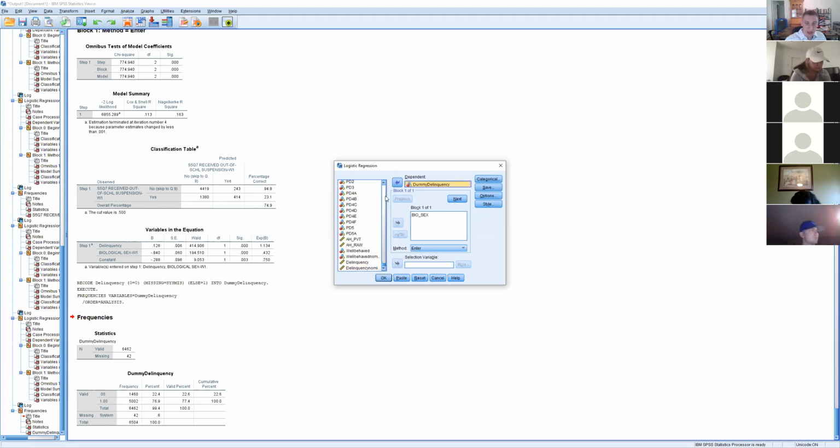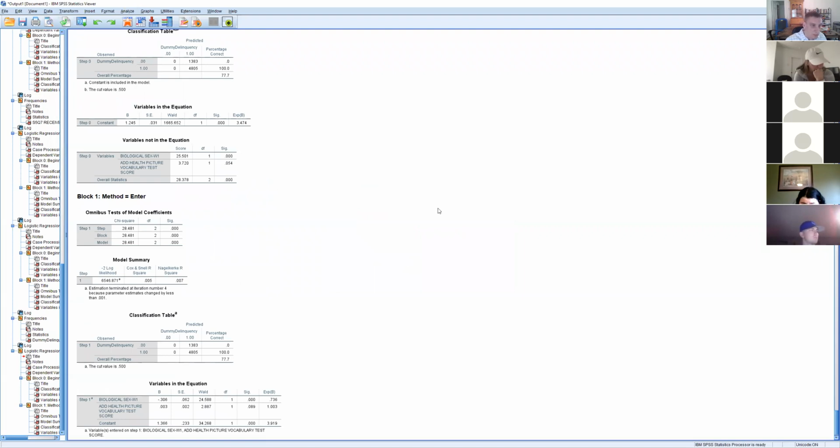And Biosex is already in there. Let's put in the AHPVT. Remember, that's the picture vocabulary test. It's an indicator of verbal IQ, and these things tend to be negatively correlated with high-risk behaviors such as delinquency and violence and other things. So we'll take a look at the effect of this on the odds of ever being delinquent.